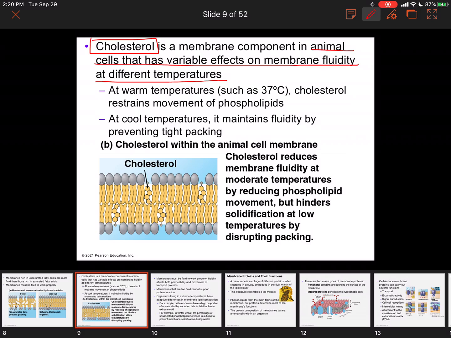It says at warm temperatures, cholesterol restrains movement of phospholipids. So if they get really, really hot, it will help those phospholipids to stay together. In cool temperatures, it helps those phospholipids to keep that fluidity, keeps them from packing too tightly. And so cholesterol in our picture right here is kind of added into the membrane to help with fluidity so that molecules can freely pass through there.